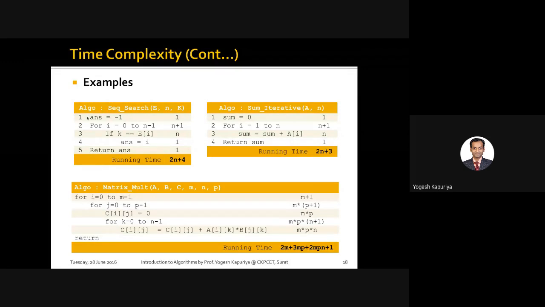Initially, you assume that the element does not exist inside the array. So that's why you say answer is equal to -1. -1 indicates that, because your array index starts with 0, here I am deliberately using 0. Sometimes I use 0, sometimes I use 1.